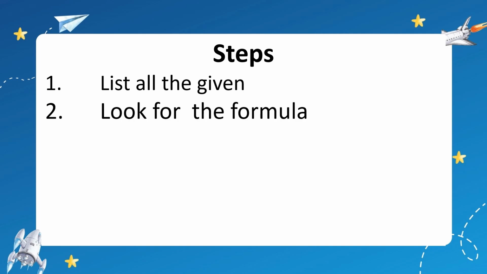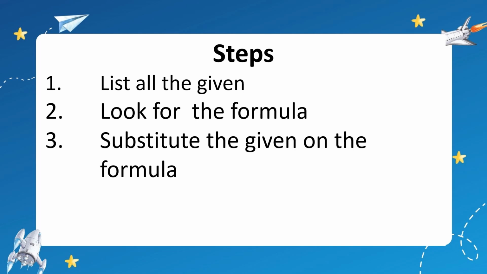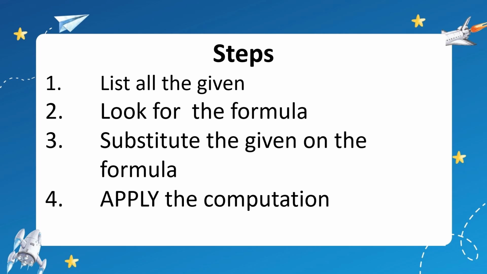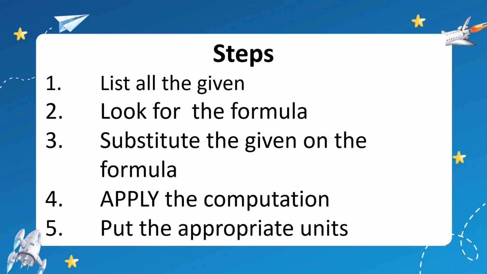The second step is to look for the formula. A while ago, I showed you the formula: time is equal to distance over speed. Step three is to substitute the givens in the formula. It's just as easy as that. For step four, apply the computation. And for step five, we just put the appropriate unit.